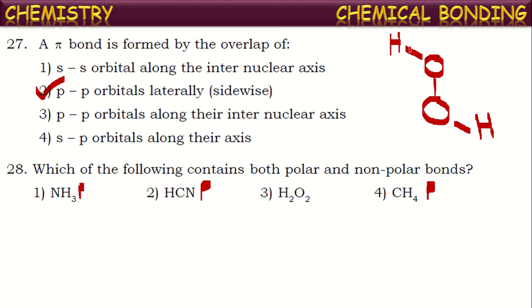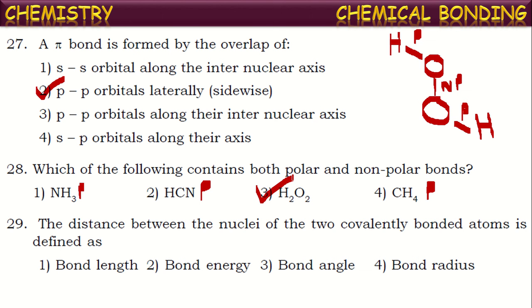If you observe the bond between hydrogen and oxygen, hydrogen is less electronegative than oxygen, and hence this is polar covalent. This is a non-polar covalent. Again, this is polar covalent. In this way, the hydrogen peroxide molecule has polar as well as non-polar covalent bonds. Okay. This is the correct answer.